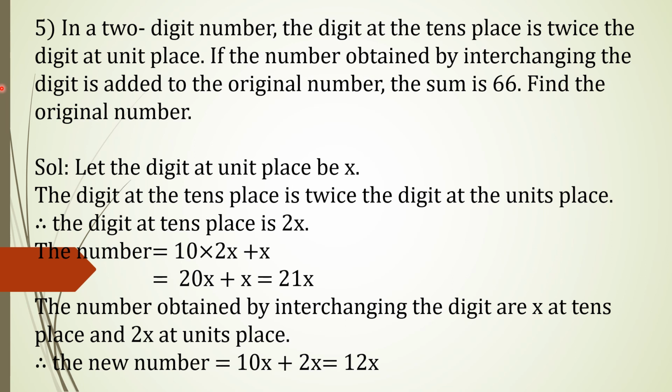Now what condition is given here, student? If the number obtained by interchanging the digits is added to the original number, the sum is 66. If you add this original number and the interchanged number, the sum will be 66. This is our condition.